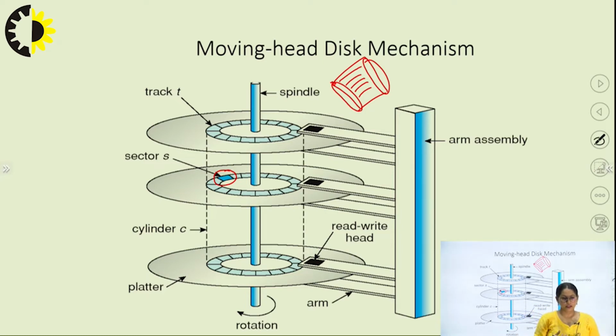So the data is stored on, say, platter number 8, sector number 4, and a certain track number. Consider this is sector 3, this is sector 4, this is sector 5, each a different sector with its own tracks.